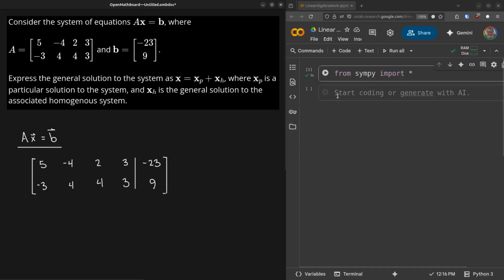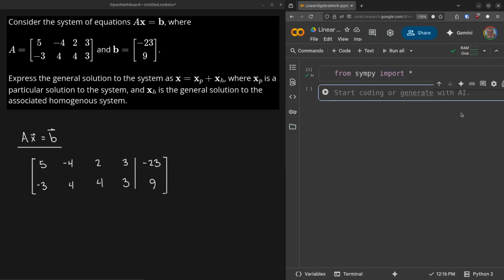Okay, so I'm going to let the computer do the hard work. I'm going to make sure I input my matrix. I'll call it M. 5, -4, 2, 3, and then -23 in the augmented part, and then row 2, -3, 4, 4, 3, and then in the augmented part 9.